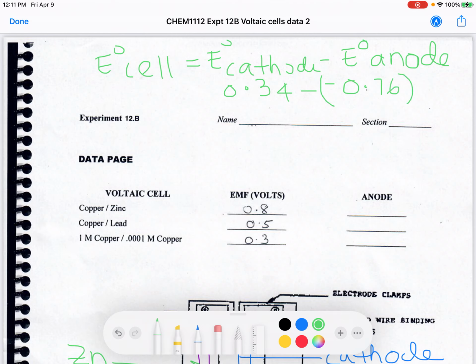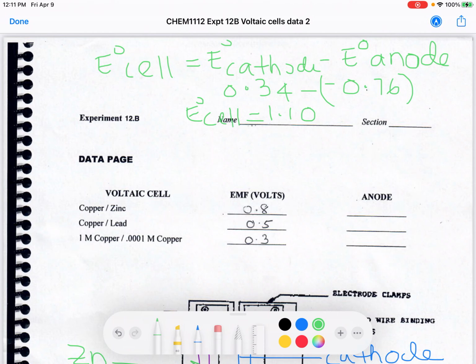So 0.76 plus, copper zinc, yeah, that's right, it's going to be 1.10 E naught cell, but it is being reported as 0.8, let's say, which is close enough, right? So the copper zinc cell, what is the anode? Anode is going to be zinc, right?